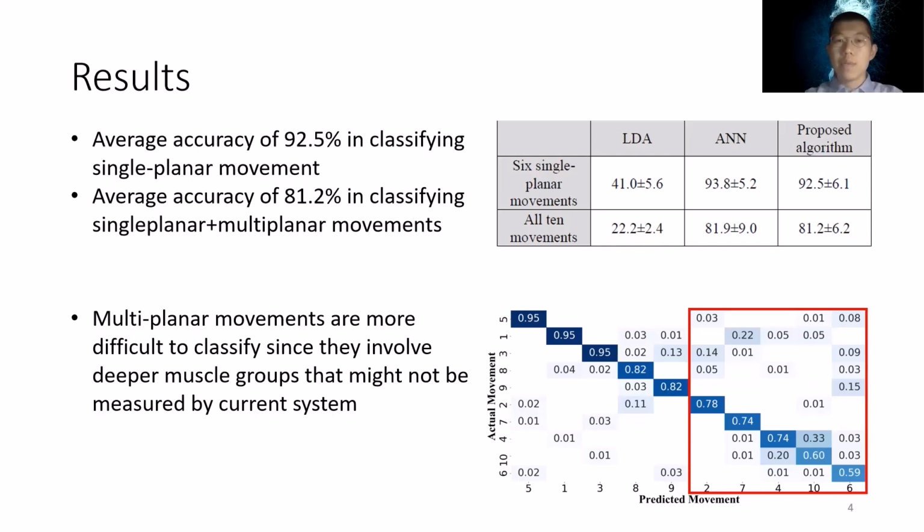A possible explanation for this could be that the multiplanar movements are more difficult to classify compared to single-planar movements because they might involve deeper muscle groups. These deeper muscle groups, for example, the splenius capitis, might not be able to be measured by the surface sEMG electrodes. But overall, our algorithm showed decent accuracy in classifying neck movements.